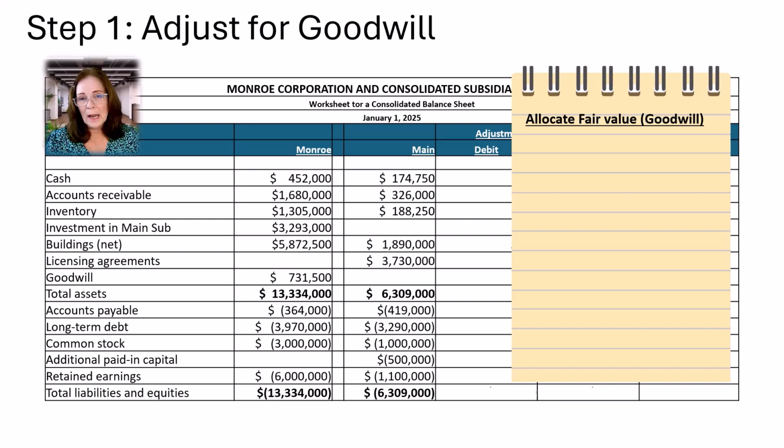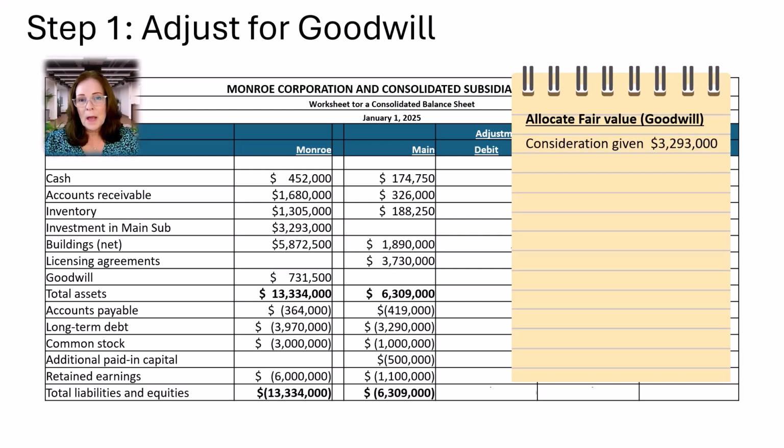And that brings us to the allocation of the purchase price, which basically just means that we figure out how much Maine Corporation's net assets at fair value were worth and calculate if Monroe paid more than that amount. In that case, the overage is goodwill.